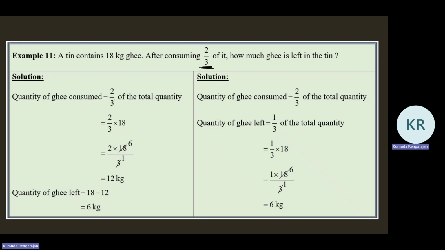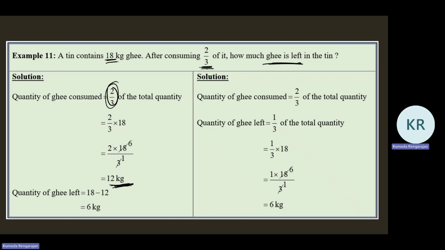So when you find the value, that is 2/3 of the total quantity, what is this 12 kgs? It's the quantity consumed, because if you find using 2 by 3, you will find the quantity consumed. So 12 kgs is the quantity of ghee consumed. So how will you find how much is left in the tin? What is left, not consumed? Not used is still in the tin. So that will be the total minus however much you have used.